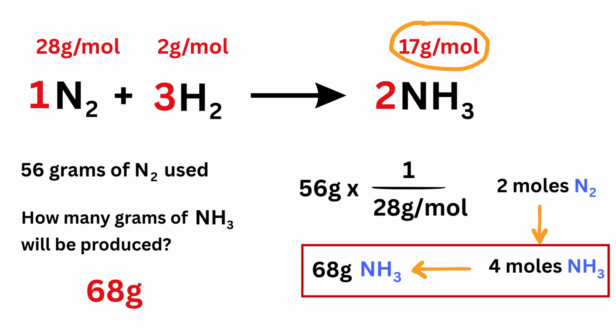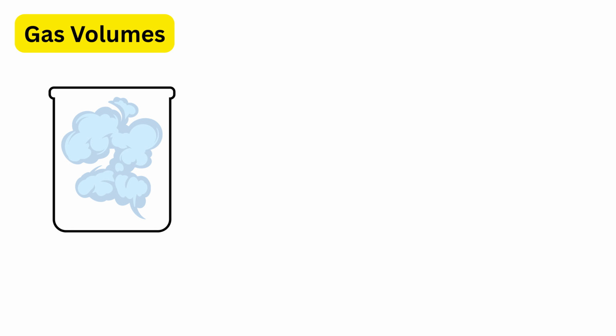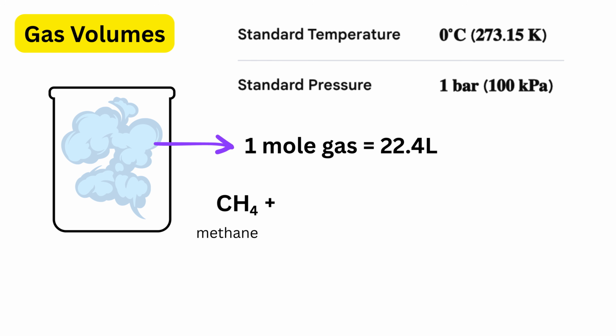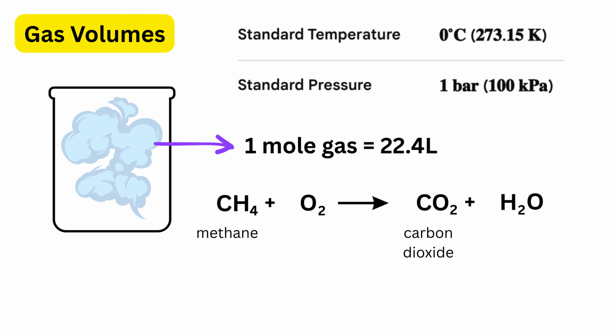Now, stoichiometry is not limited only to mass and moles. Gas volumes can also be included in stoichiometry. At standard temperature and pressure, 1 mole of gas occupies 22.4 liters. This allows us to connect gas volume with moles. For example, consider the balanced chemical reaction where methane reacts with oxygen to produce carbon dioxide and water.